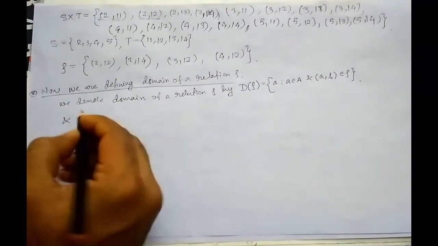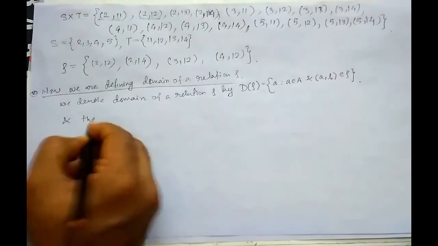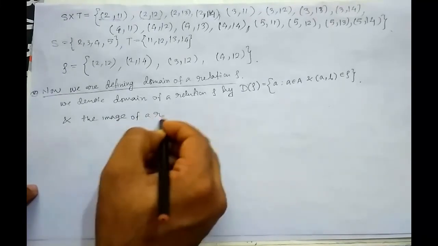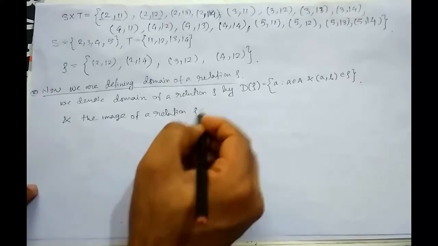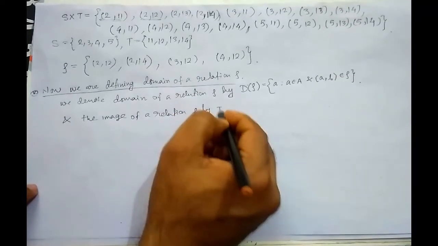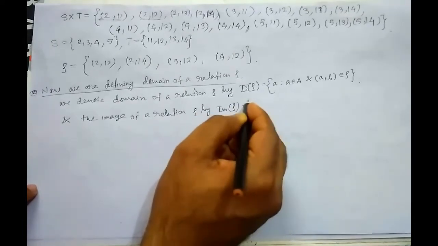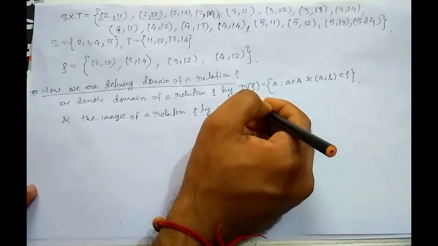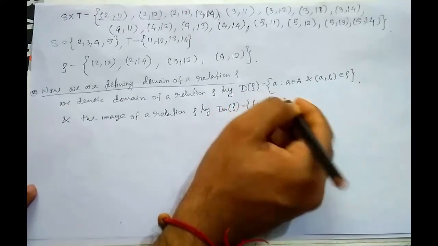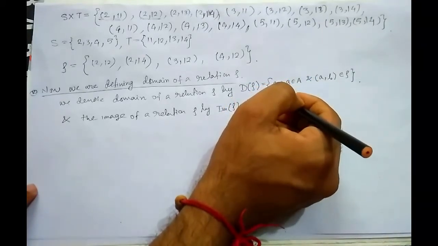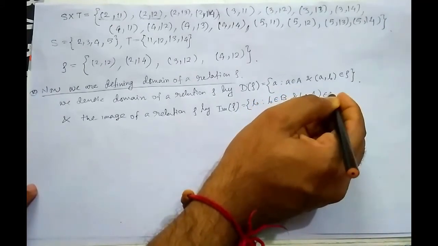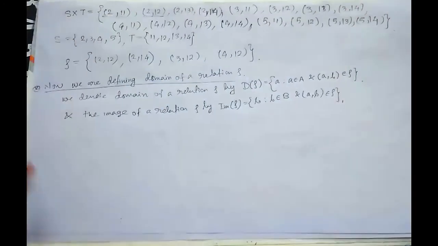And the image of a relation rho is denoted by Im of rho, and this is equal to the set of all b such that b belongs to capital B and (a, b) belongs to rho.